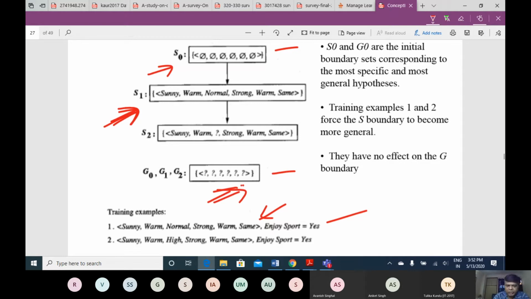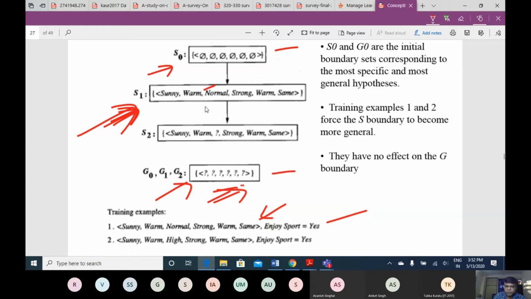Okay, so after getting this positive example, our general boundary will be this one and specific will be this one. That means all hypotheses which lie between these two, which satisfy these two. Which hypotheses will lie between these two?